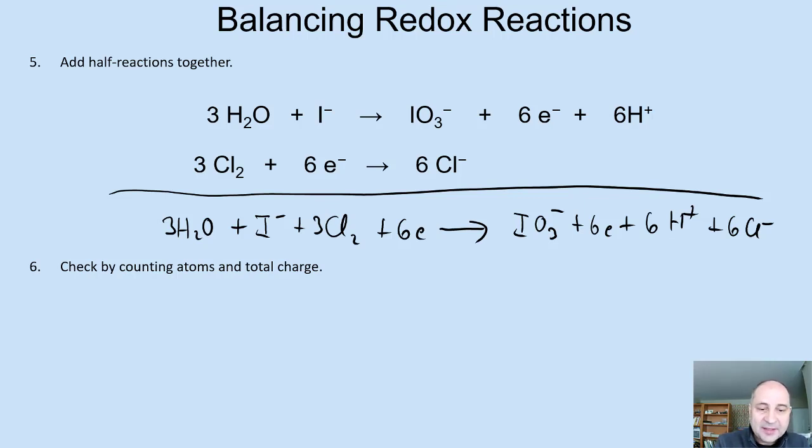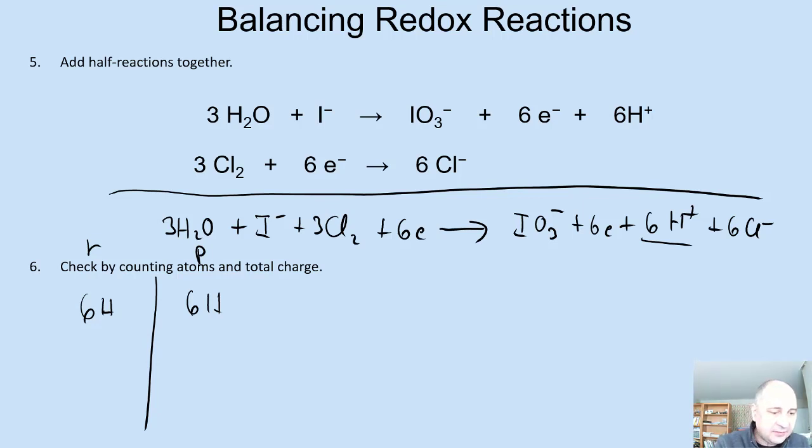So it's obviously balanced here, right? We have 6 hydrogens on the reactant side and 6 hydrogens on the product side. You kind of make a table, reactant and product side. Looking at oxygen, we have 3 oxygens on the left and 3 oxygens on the right. We have 1 iodine.